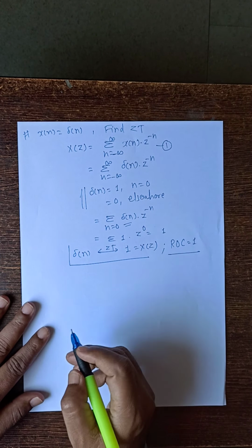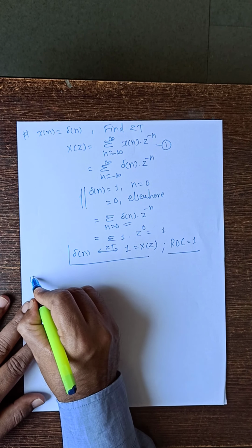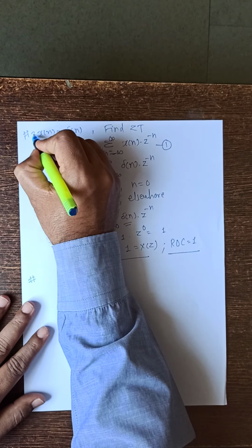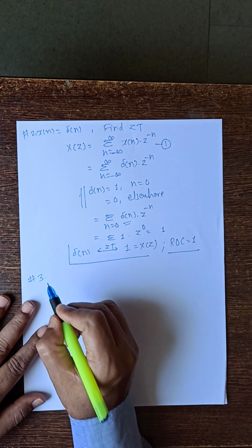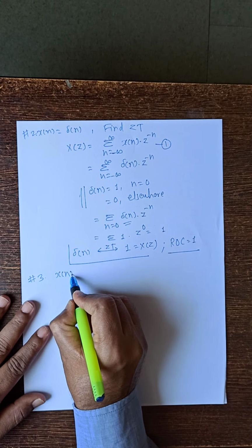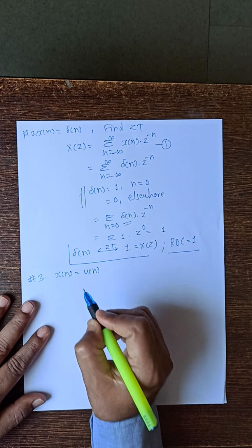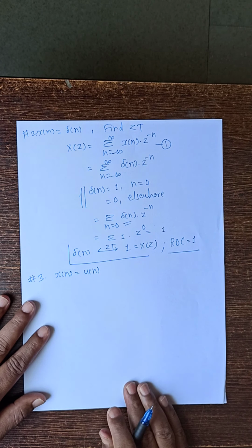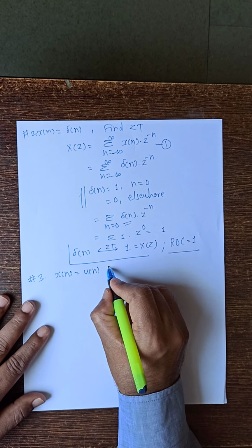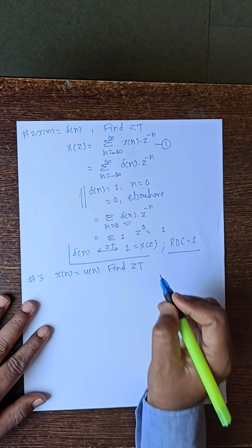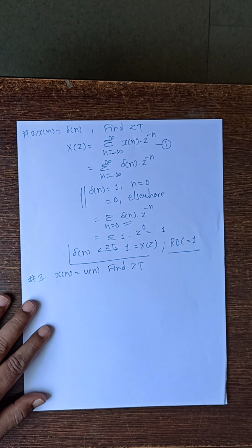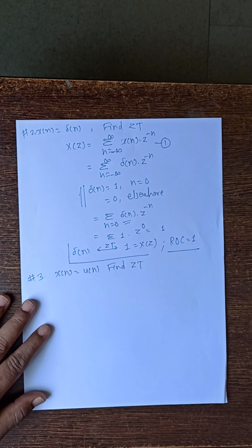Okay. One more example. This is example number 3. Let x(n) be equal to u of n. Find the z transform.